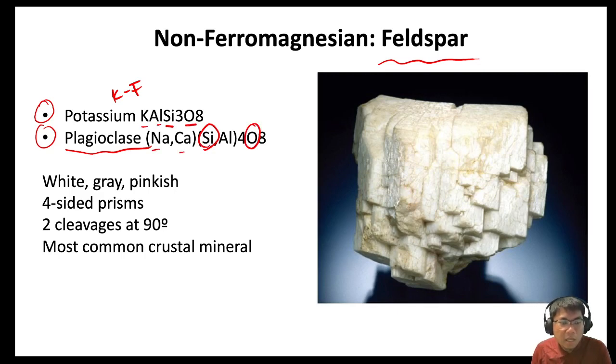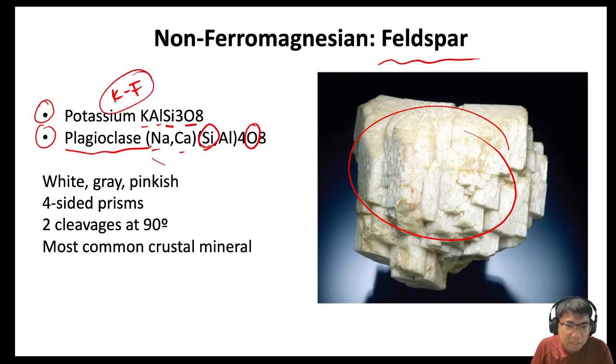But notice that there's no iron associated with it, right? In terms of color, plagioclase feldspar is white, milky white. That's one of its most common colors. But potassium feldspar actually looks pinkish. The color of potassium feldspar is commonly pink.